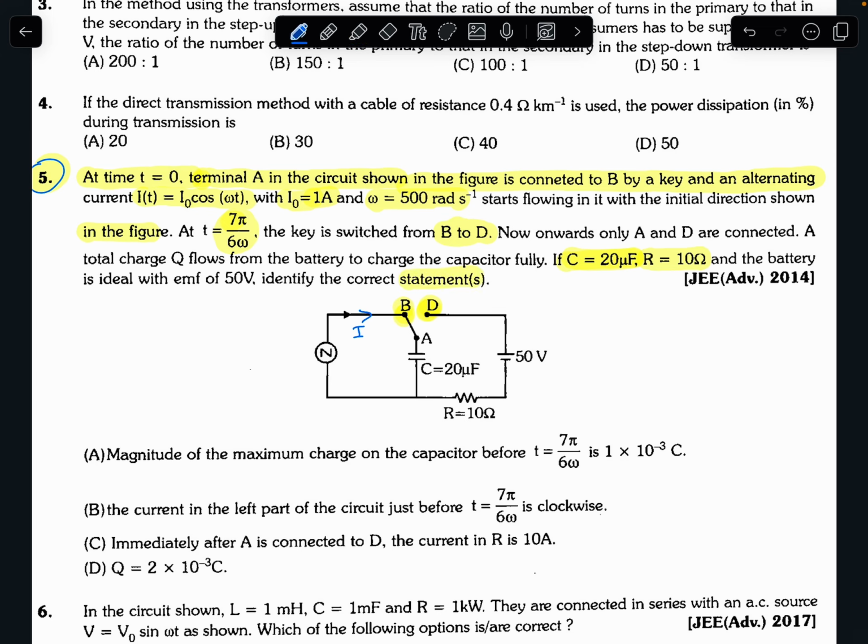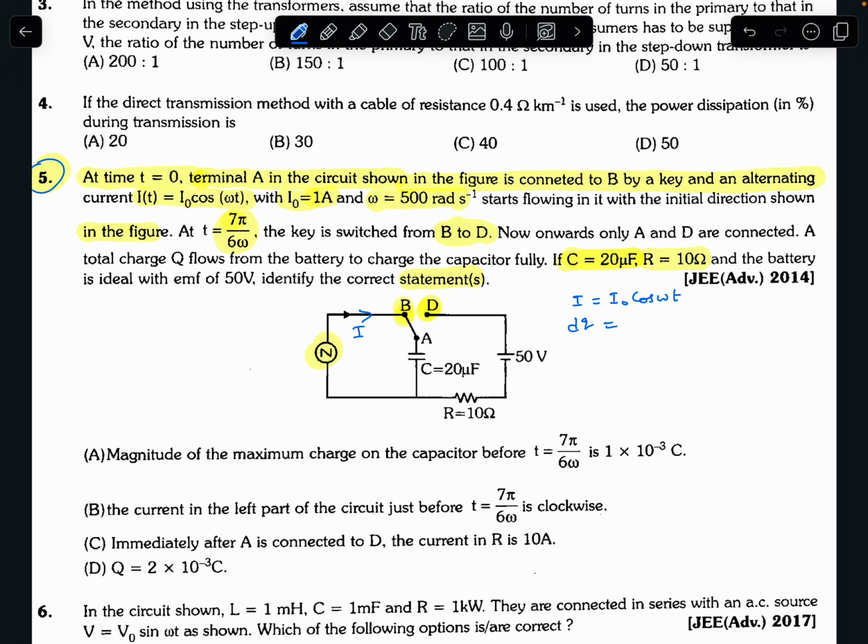So for this question, let us try to find how the capacitor is getting charged initially, because initially it's connected to some AC source, correct? So I can write I equal to I naught cos omega t, which is given, and I is equal to dq by dt.